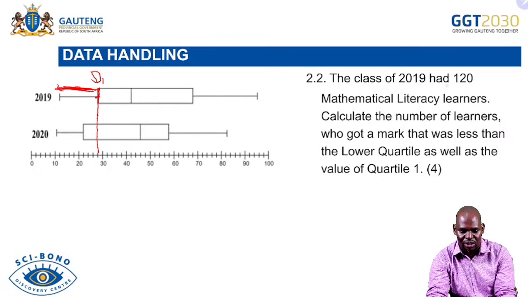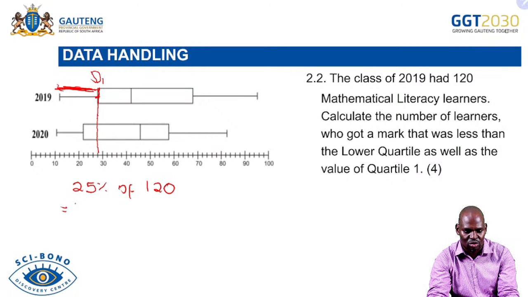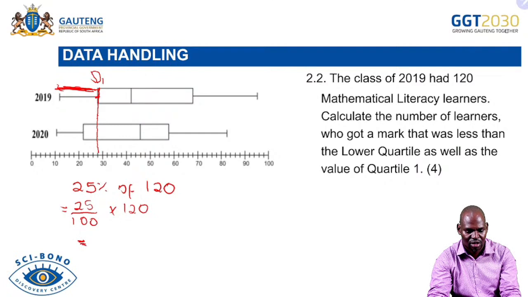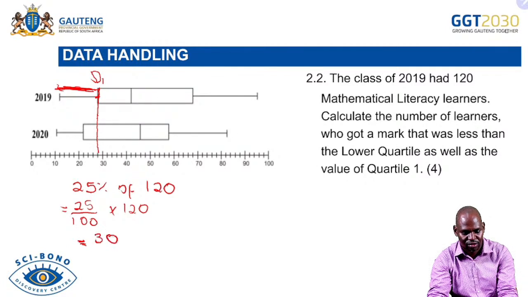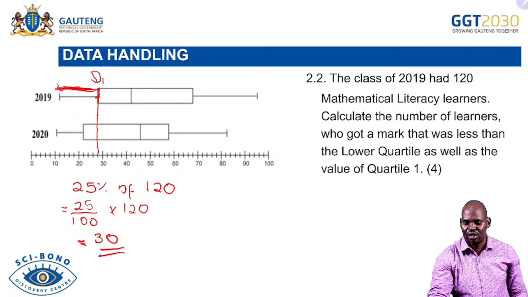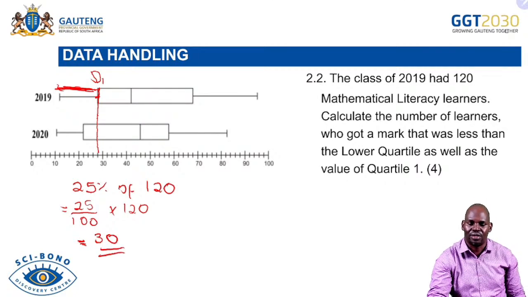So we can simply calculate 25% of 120 learners. So you say 25 over 100 multiplied by 120. You take your calculator, 25 divided by 100, multiply by 120, then it's 30. The number of learners is 30.